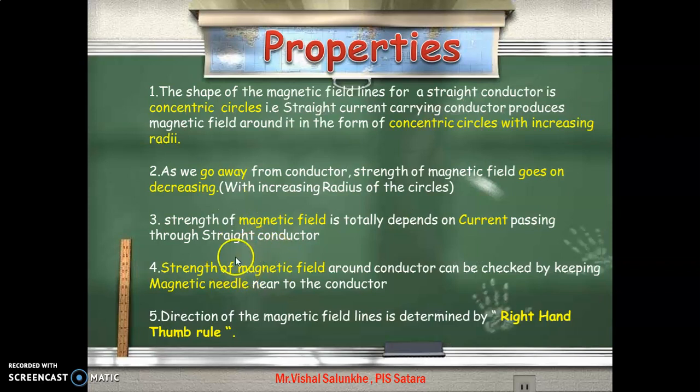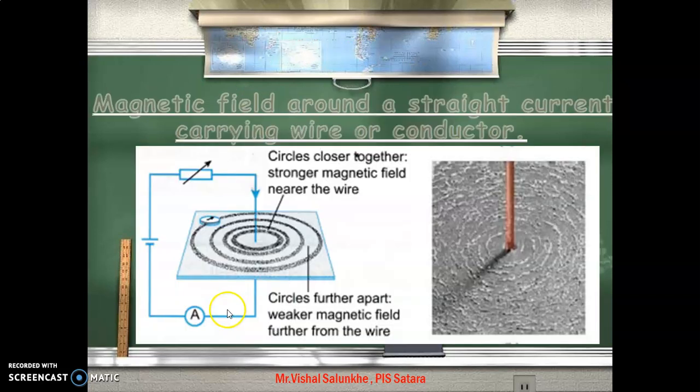Next, the strength of the magnetic field around the conductor can be checked by keeping the magnetic needle, as we just discussed. Then the fifth and last point: the direction of the magnetic field lines is determined by the right hand thumb rule. We know that a current carrying conductor produces a magnetic field around it in the form of concentric circles with increasing radii.